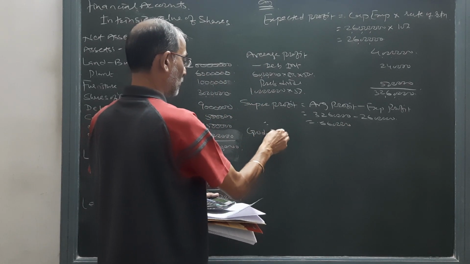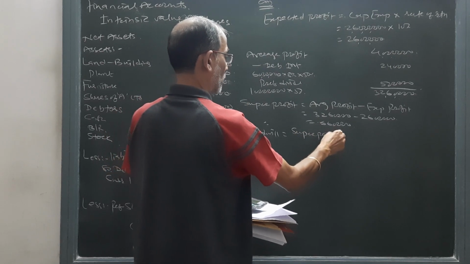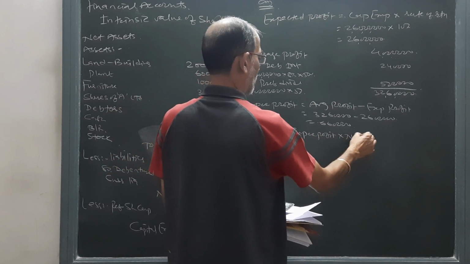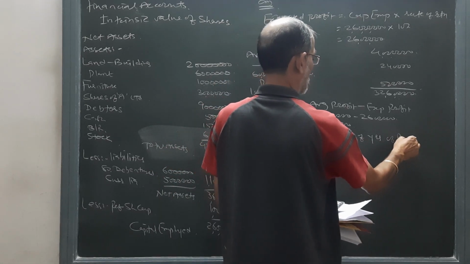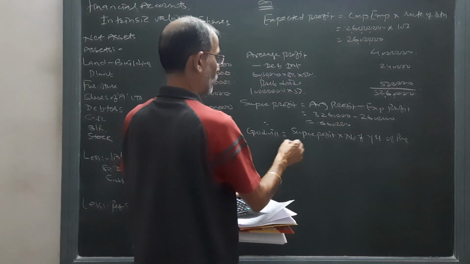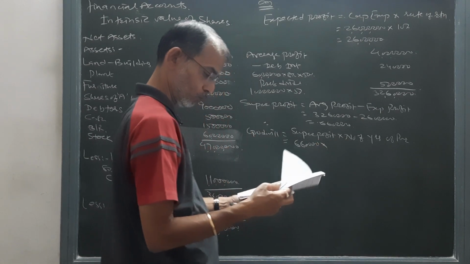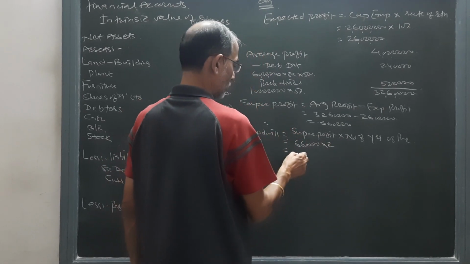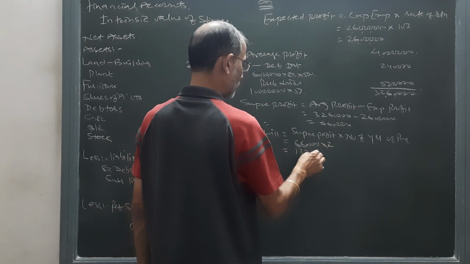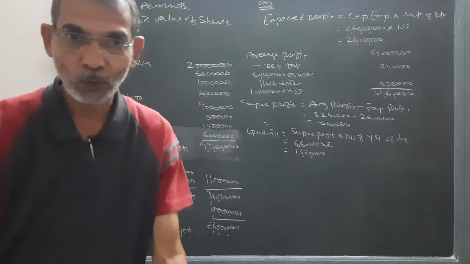Now goodwill is equal to super profit into number of years of purchase. So 6,60,000 into 2 times, so 13 lakh 20,000 will be the value of goodwill.